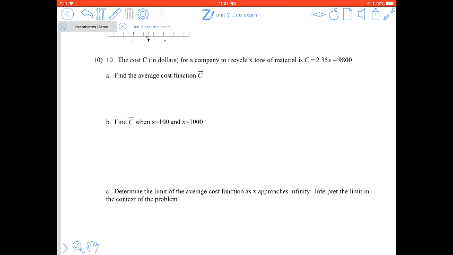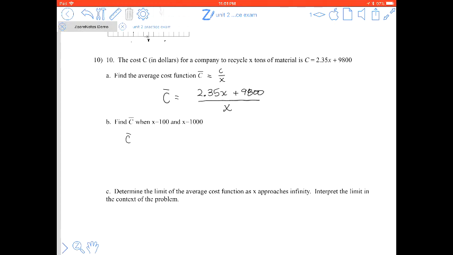All right, question 10, we need average cost. So remember, average cost is cost over x, so we have there's the average cost.